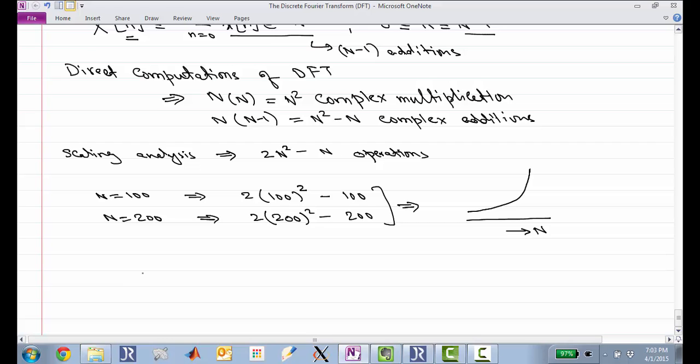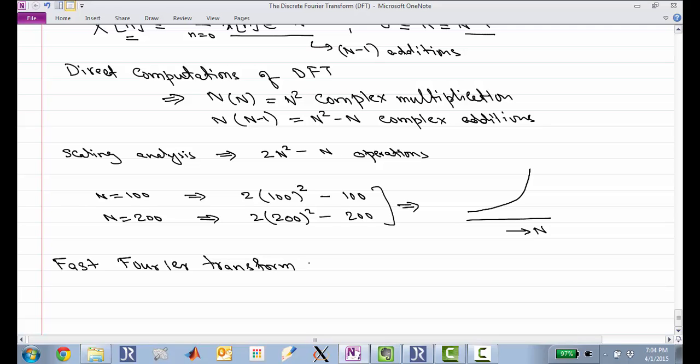Okay? But what happened was that really smart people, it is primarily attributed to two people, Cooley and Tukey, but there are many other variants of that algorithm. They came up with something that they called the fast Fourier transform. Now, this is a basic mistake that students make, which is that they say fast Fourier transform is another transform.